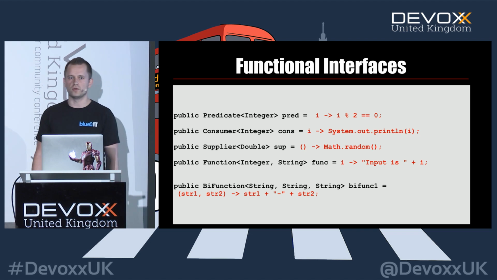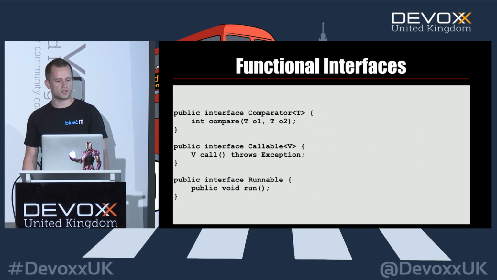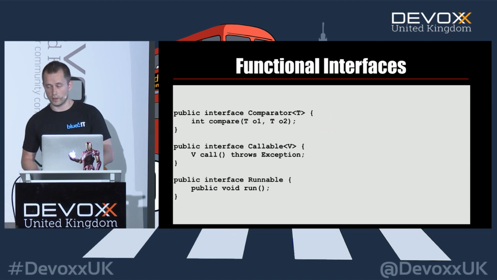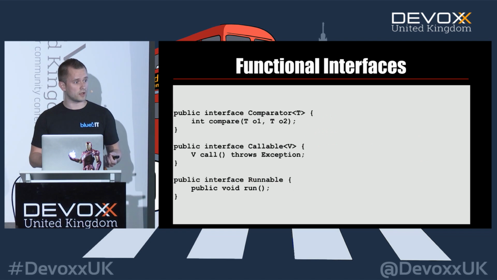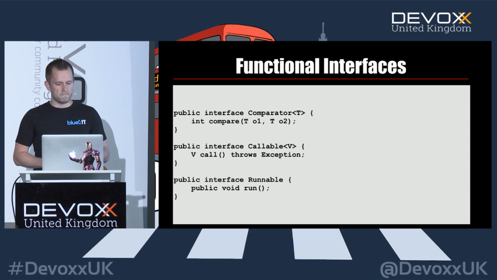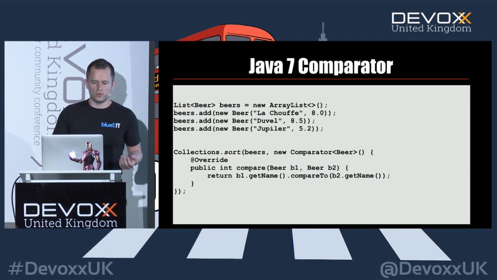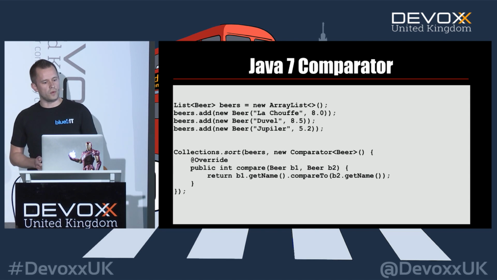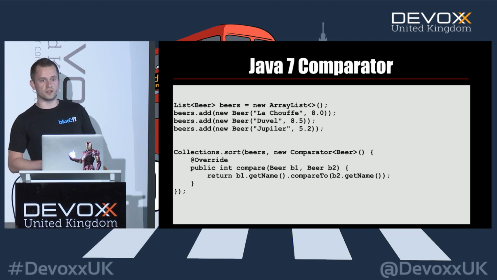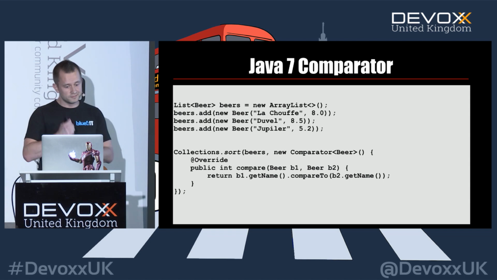But we actually knew these functional interfaces already, because in Java 7 we had these: comparables, callables, and runnables, right? These are actually interfaces with only one method. So if you were working in Java 7, you could do this. We have a list of beers. Some people tend to drink coffee. I like beers.